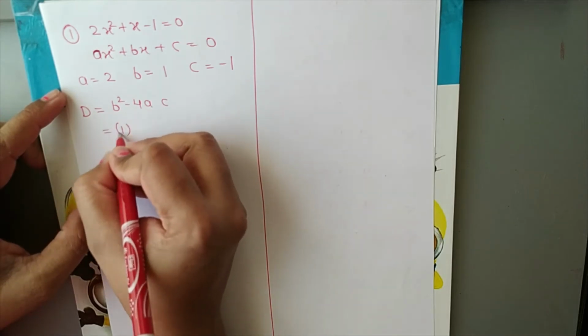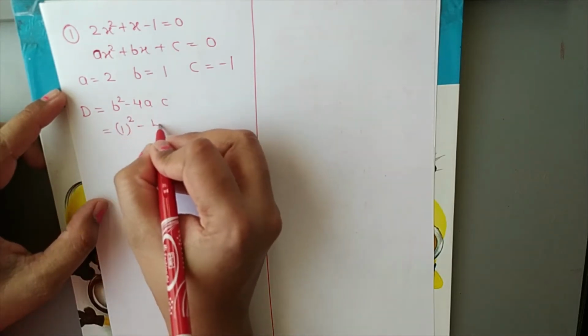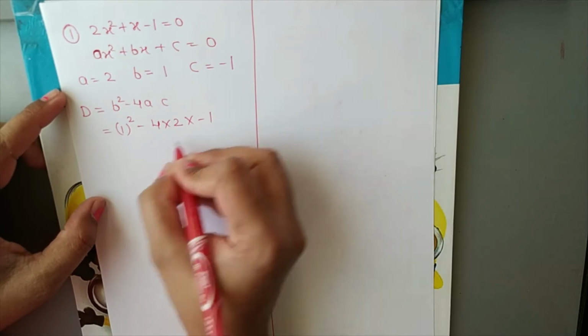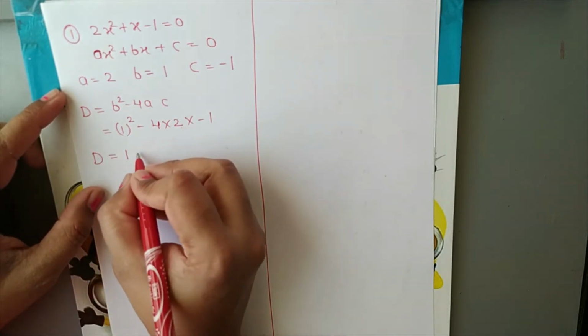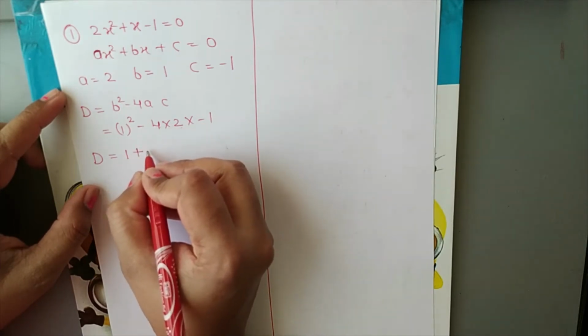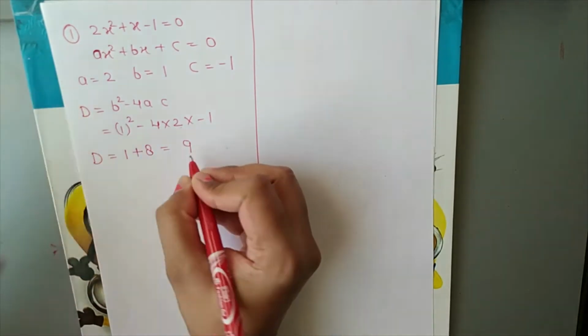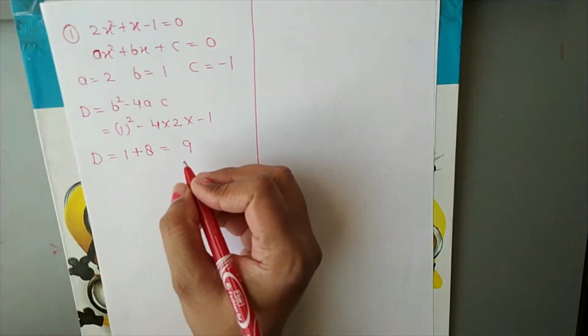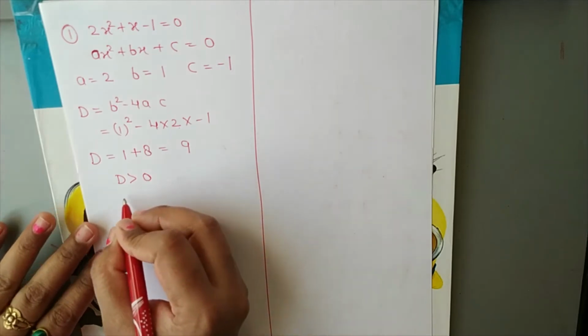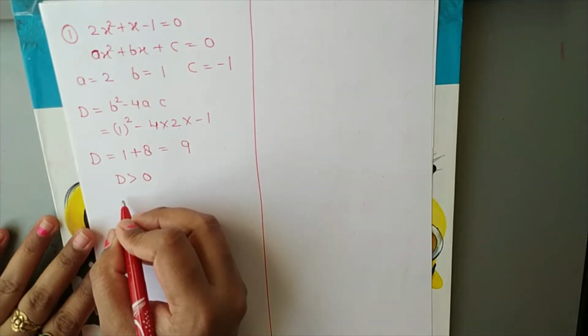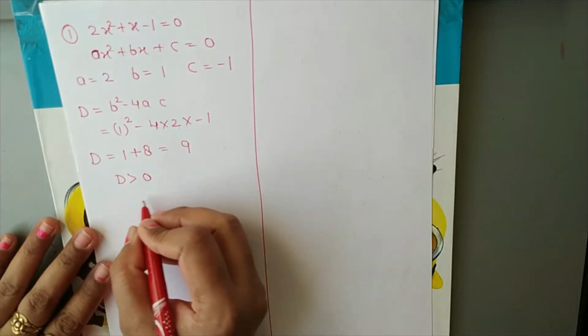So it is 1 square minus 4 into 2 into minus 1, that is d is equal to 1 minus 4 into 2 into minus 1, then minus and minus becomes plus, so it will be 9. So d is greater than 0, it means the roots of the given equation are real and distinct.